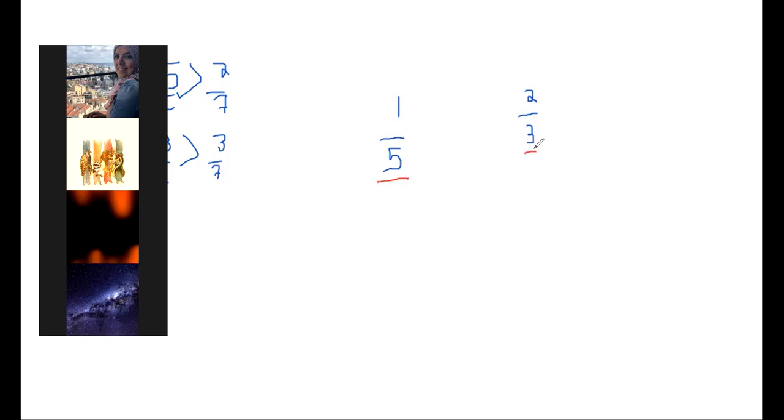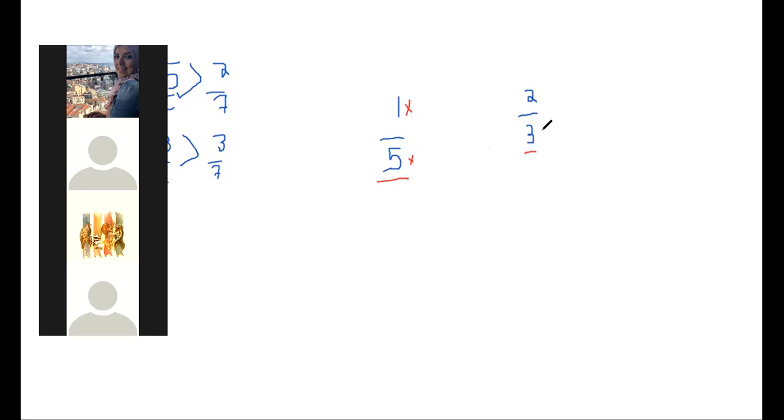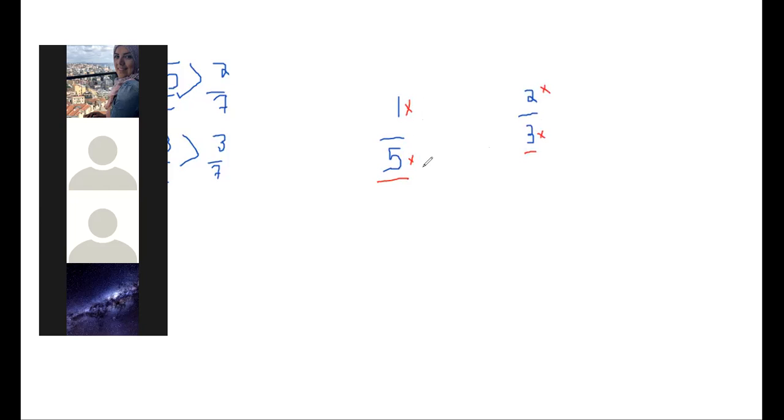How can I make them the same? Is there a number you multiply by 5 to get 3? No. Is there a number you multiply by 3 to get 5? No. So in this case, you multiply the 5 by 3 and the 3 by 5.